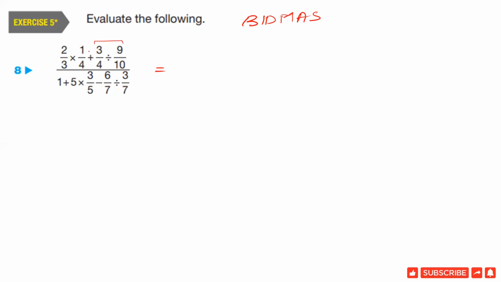So we shall convert this one into multiplication and solve it. 2 by 3 times 1 by 4, okay, plus 3 by 4 division will be converted into multiplications, and then the next fraction will be flipped. 10 upon 9.